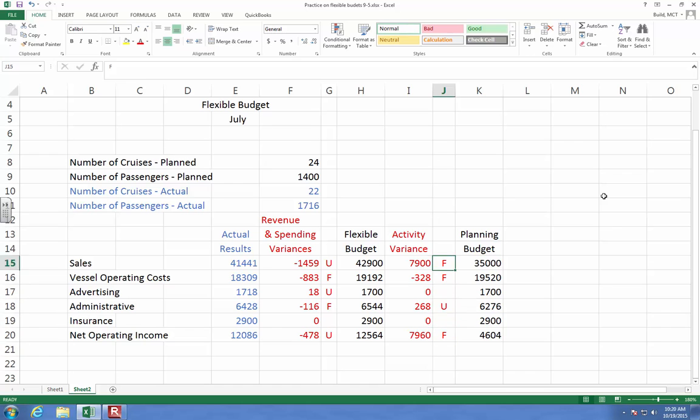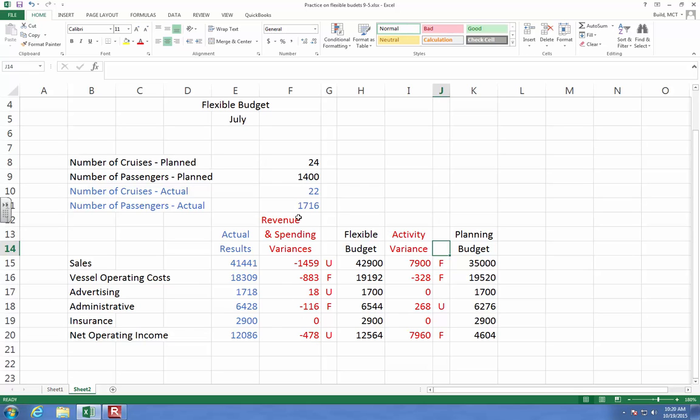So the activity variances really only tell us what happened because I was at a different level than I thought I was going to be at. These revenue and spending variances are the ones that I'm going to take to the folks on the ground and say, what happened with our vessel operating costs? It's sort of hard to speculate using an academic example.